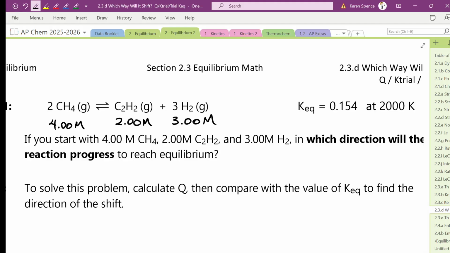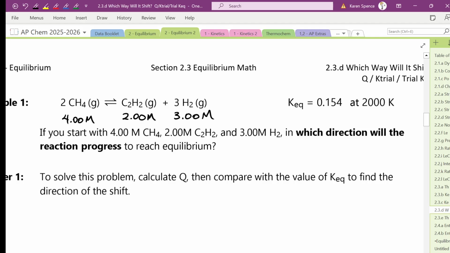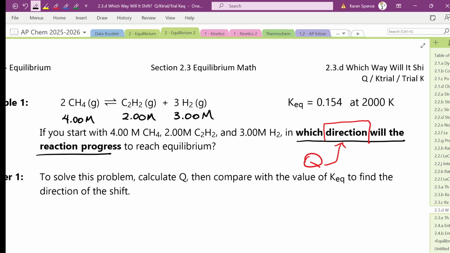In which direction will the reaction progress to reach equilibrium? So if you're asked in which direction will the reaction progress, that tells you in your toolkit to go and take out Q. Okay? So you're going to write the Q expression just like you did a KEQ expression.